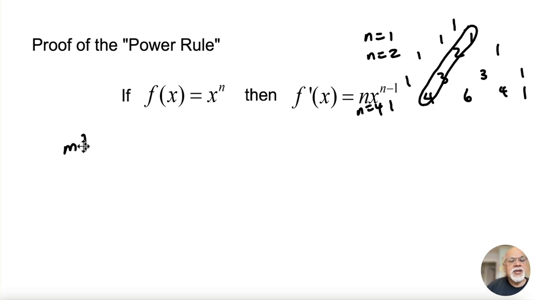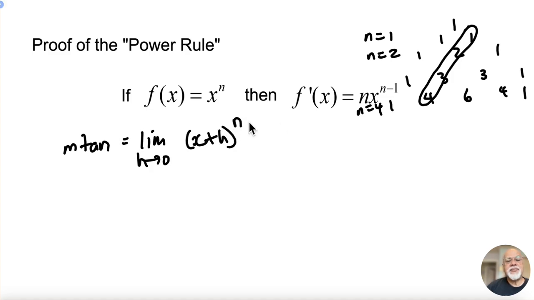So the slope of the tangent, we said, would just be the limit as h goes to 0 of f of x plus h, so in this case x plus h to the n, minus f of x, which is x to the n, all over h.